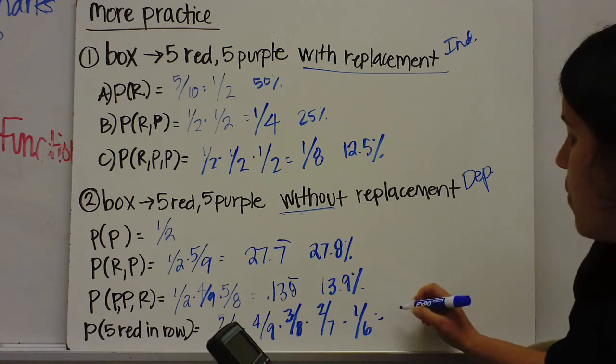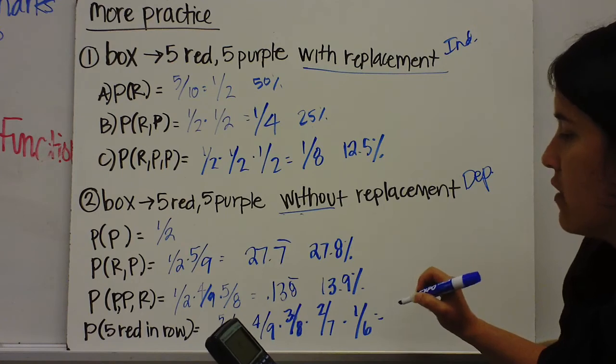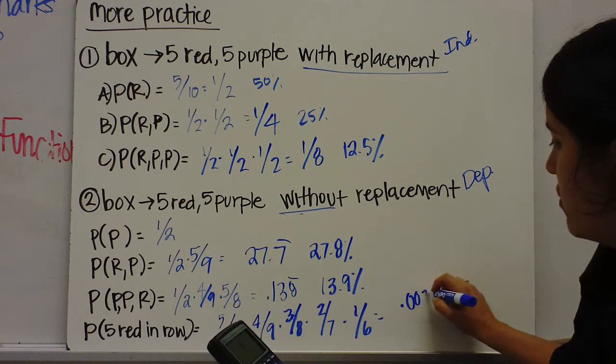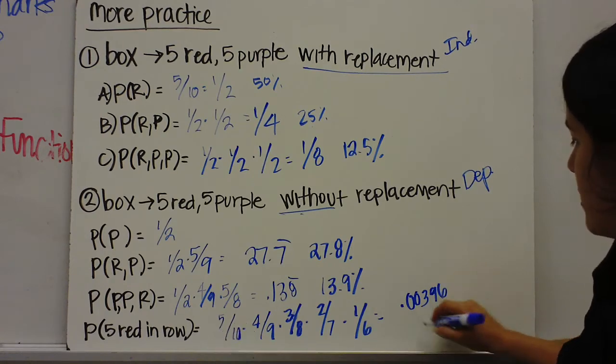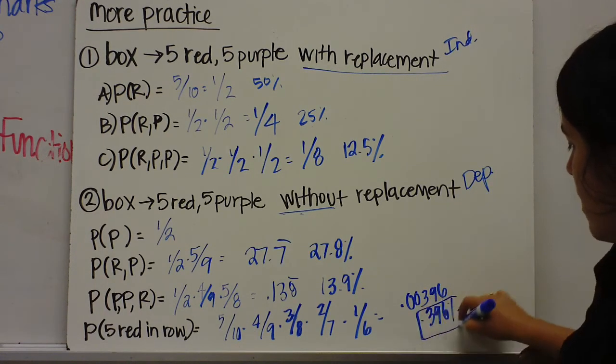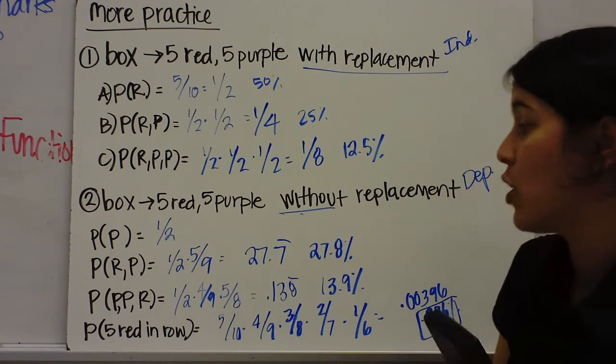And it is 0.00396, which would be 0.396%. So a less than 1% chance to do 5 marbles in a row.